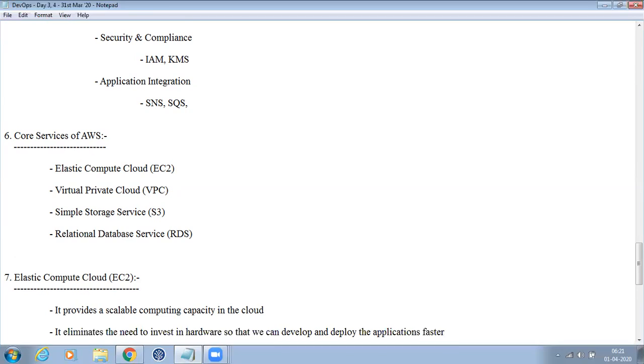As I said in the initial sessions, before and after cloud computing, we no longer need to purchase the hardware or the software, and we no need to hire a technical team to manage the servers, no need of space. We discussed why we require cloud computing.